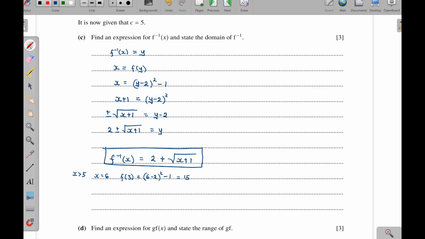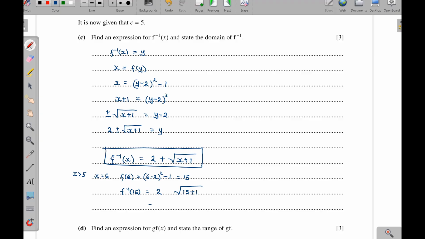Okay. Now, we need f inverse of 15. What do we get? By the way, I need to change this one to a 6 to be systematic. So f inverse of 15, you have 2, then where there is x, you are putting 15, then plus 1.